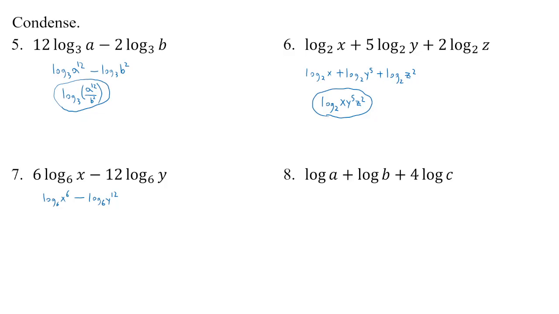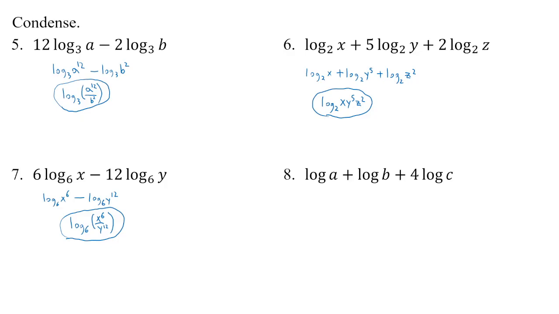Therefore, we're going to rewrite this as a log of a quotient. So therefore, this is log base 6 of x to the 6th over y to the 12th. And this is your solution.